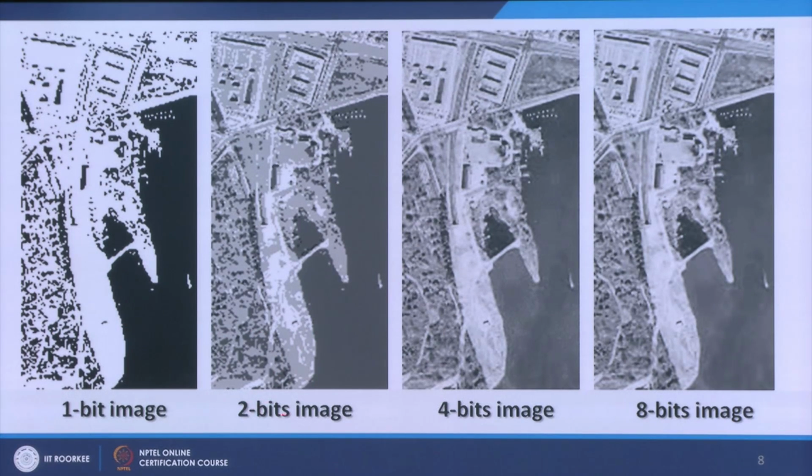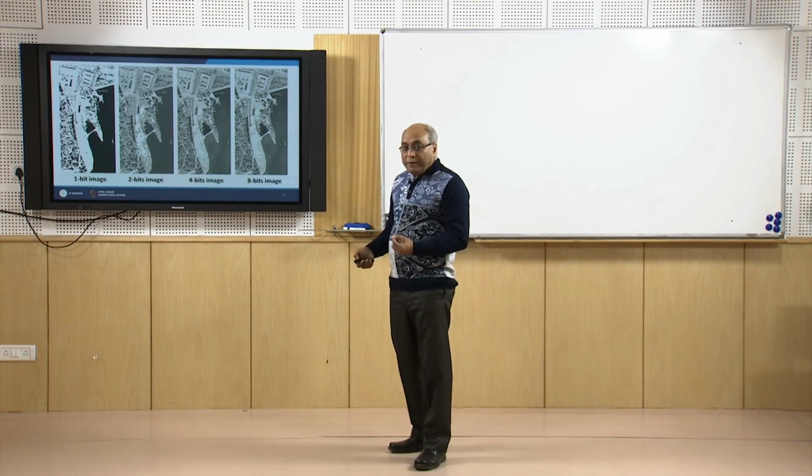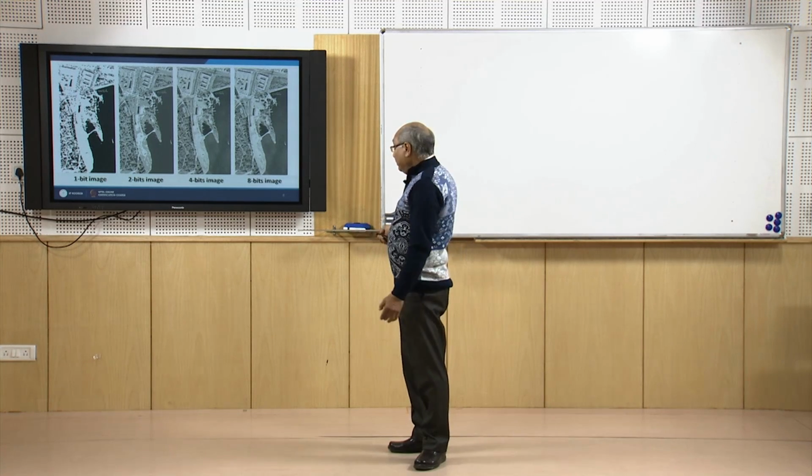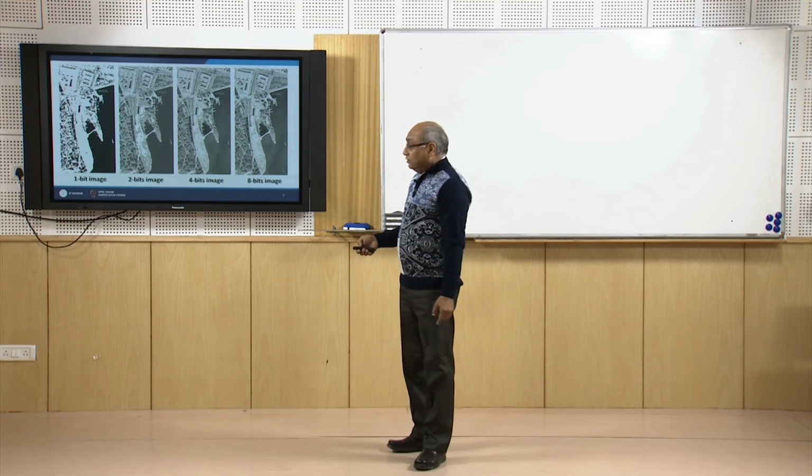But if we go for 2 bit, then we are having black, we are having white, and in between as well. When we go for 4, again more number of values are increasing. When we go for 8, the 0 value is assigned the black color, the 255 value has been assigned your white color, and the rest of the values are in between. Total range available here is 256 to choose for each pixel.